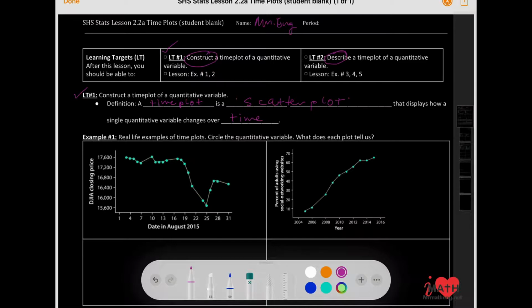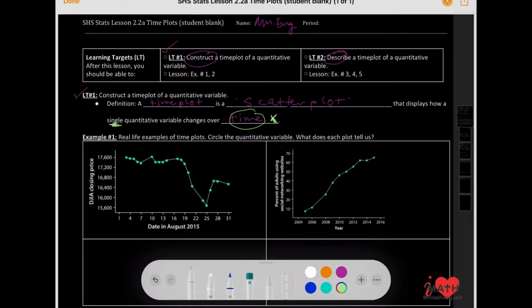Okay, example number 1, real life examples of time plots here. What we need to do is circle the quantitative variable for both those graphs and tell us what each of those graphs tells us. So why is it a single quantitative variable? Well, time will always stay the same, and that's going on the x-axis.